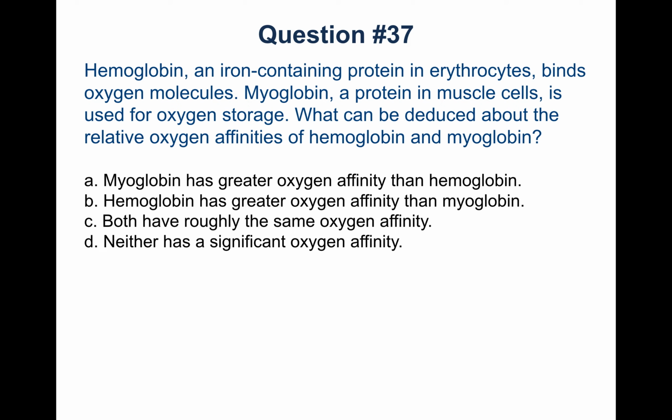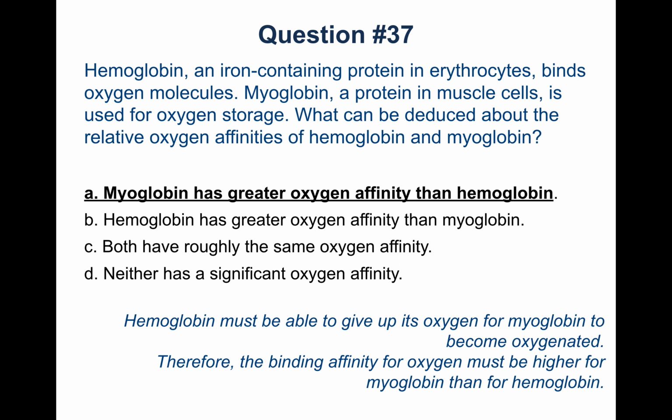The hemoglobin picks it up in your red blood cells, carries it through the blood to the muscles and other parts of the body, and myoglobin is in muscle cells and stores the oxygen. So it would make sense that myoglobin would have a greater affinity for oxygen than hemoglobin, okay?